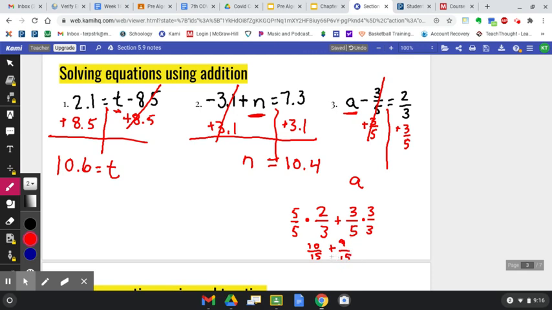So now they're common denominators. I can add them together. 10 plus 9 is 19 over 15, right? And that's okay to leave your answer like that, right? But we should be able to move between mixed and top-heavy fractions, right? So 15 goes into 19 once with 4 out of 15 left over. Either one of those answers would be correct.